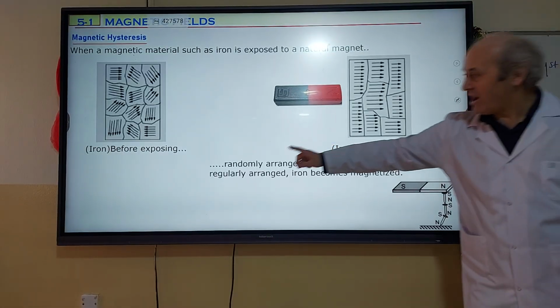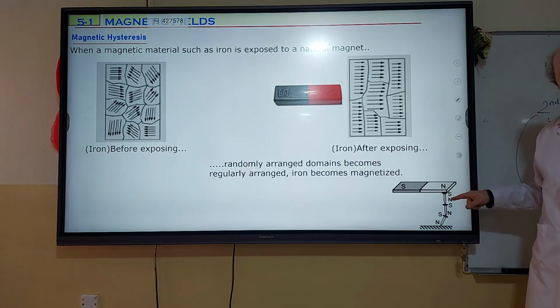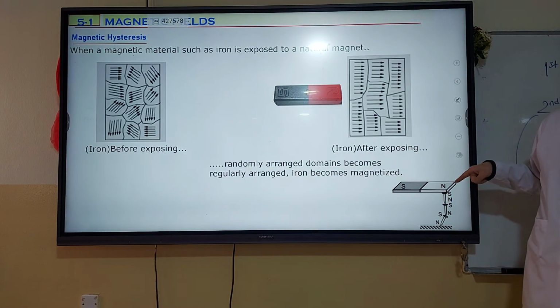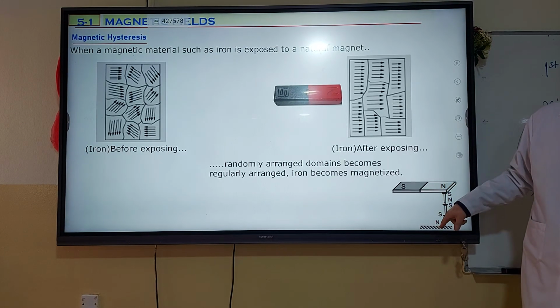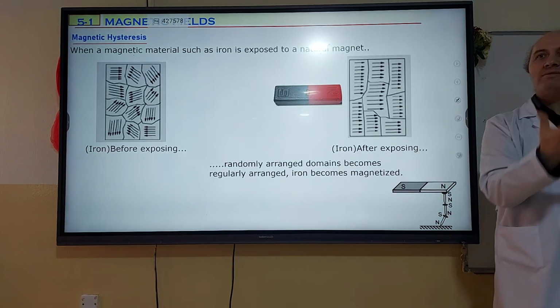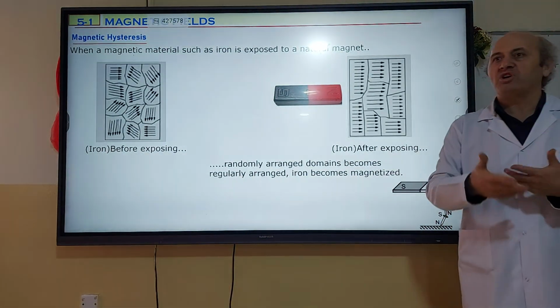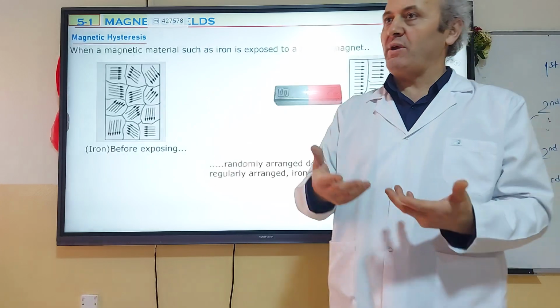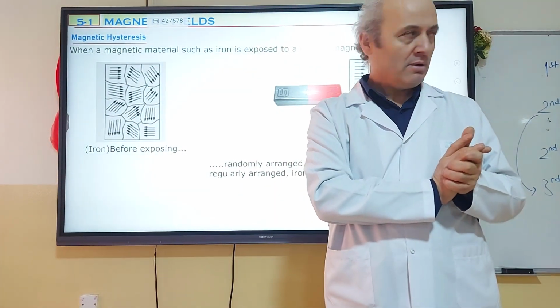Randomly arranged domains become regularly arranged, so the iron becomes magnetized, and one pin attracts another pin, another to another. It goes until the last one, where you cannot change the domains of the pin, so it's not going to be a magnet. Everything okay?